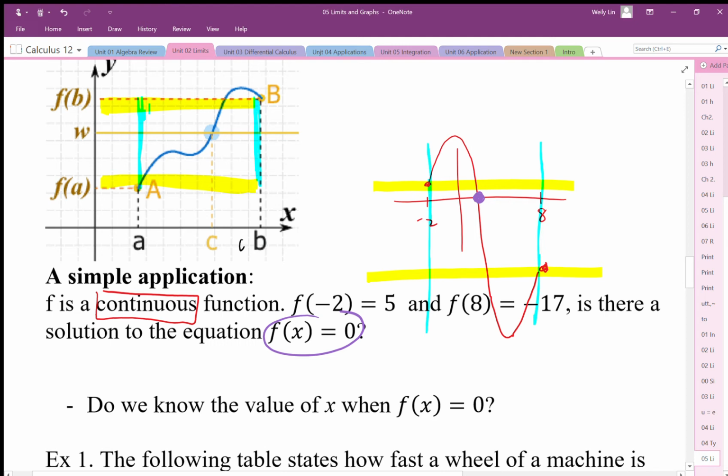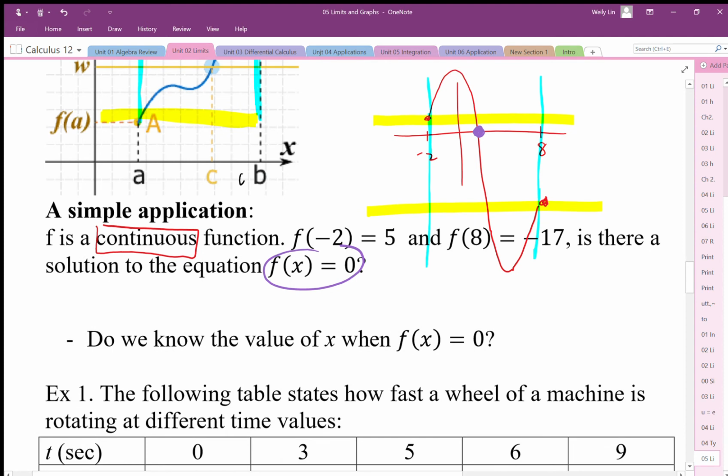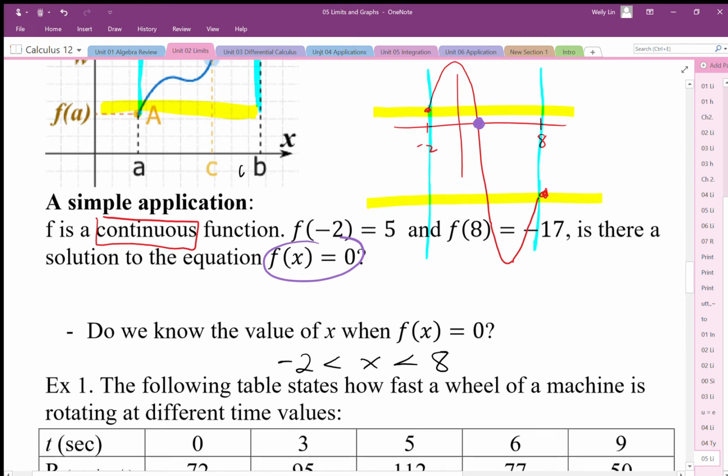Okay, so it has to be in between -2 and +8. So do we know the x value when f of x equals 0? No, we don't, but we can at least say that this x value exists between -2 and 8. Okay, and that's true.